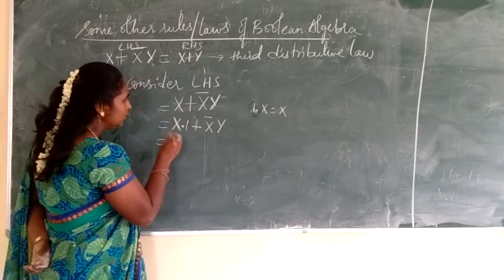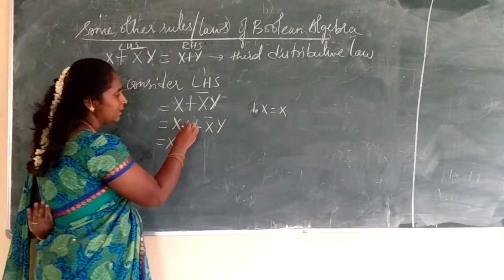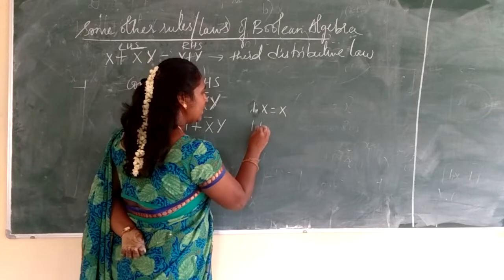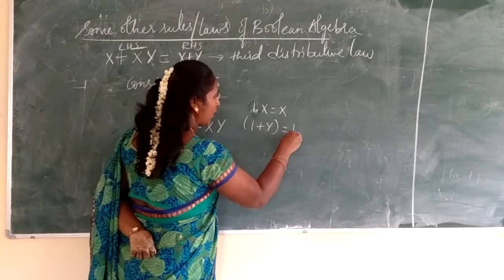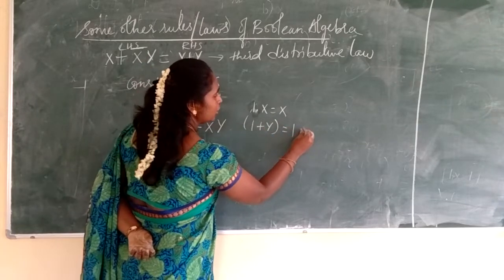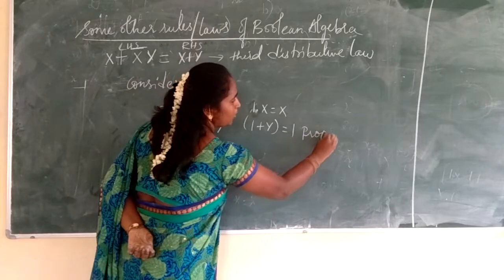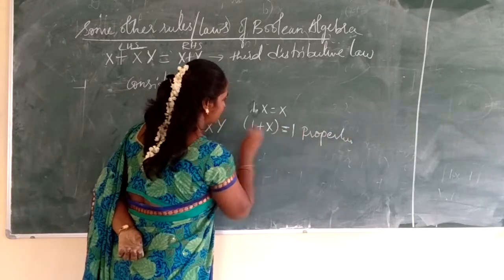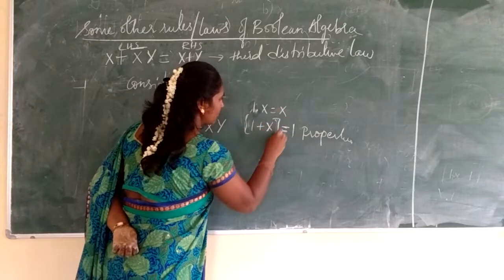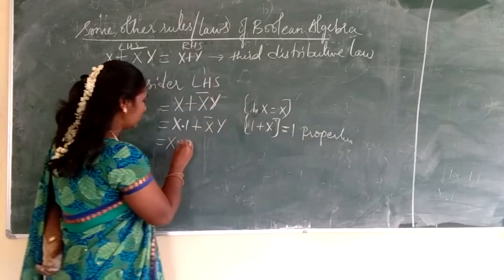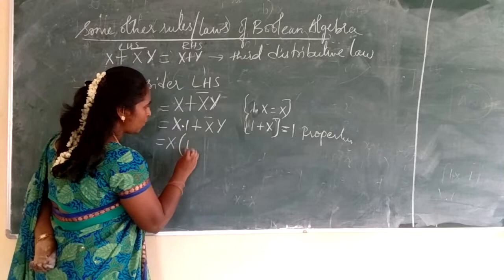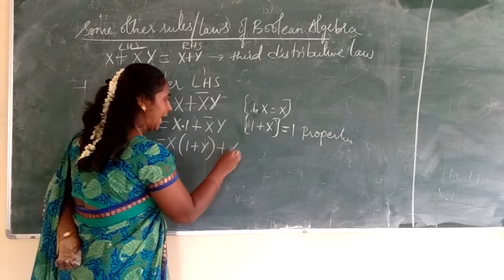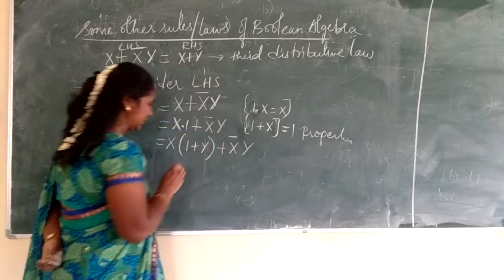Now this 1 can be written as 1 plus y is equal to 1, according to the properties of 0 and 1, that is, 1 plus x is equal to 1. So x as it is, here I am using 1 plus y, plus x bar y as it is.